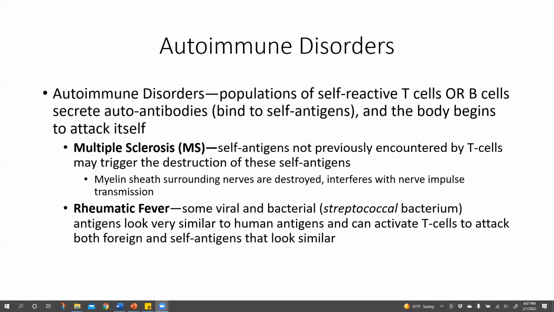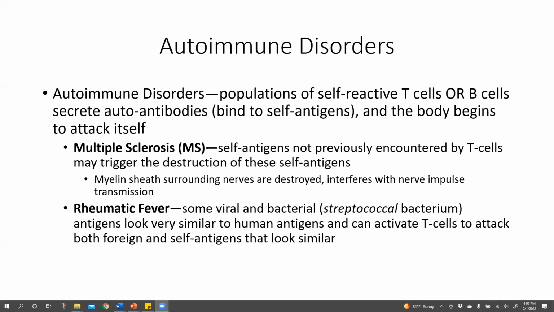Now, rheumatic fever, that one's not really something you hear about a whole lot, but it's interesting how it works. So sometimes viral antigens or bacterial antigens look really similar to human antigens, and they can activate T cells.